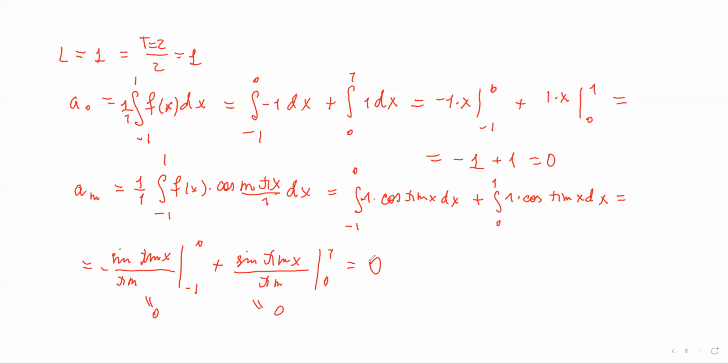Well, now I'm moving to coefficients of sine, bm. Guys, I'm going to write down the integral right away, okay? I'm kind of tired of copying everything 10 times. So we have the integral from -1 to 0 of -1 by sine of pi mx dx plus integral from 0 to 1 of sine of pi mx dx.